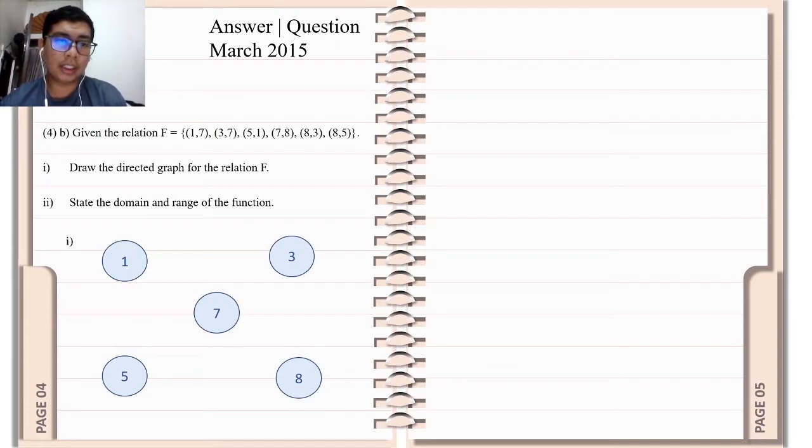We can determine the edges according to the pairs in the relation F: 1 to 7, 3 to 7, 5 to 1, 7 to 8, 8 to 3, and last 8 to 5. So this is how we draw the relation F. Make sure that your edges have arrows because it is a directed graph.